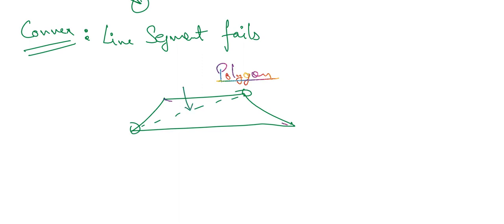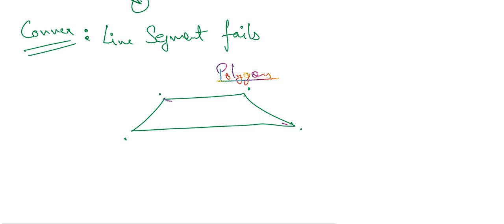So again my line segment test is failing in this case. Let me test for another two vertices. It might fail using another set of vertices, since we are not done yet. Let us suppose I have opted for this and this, and also this and this.